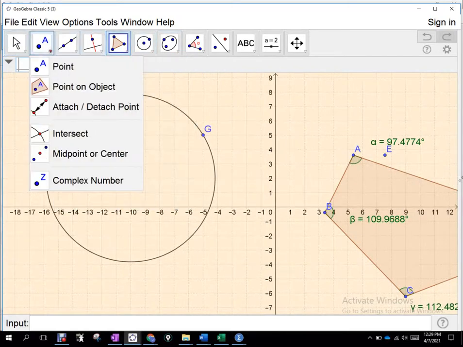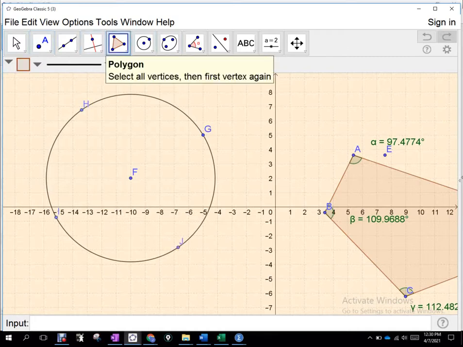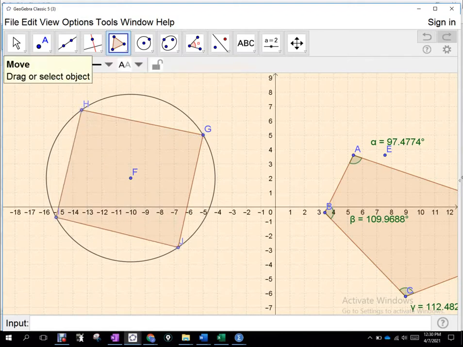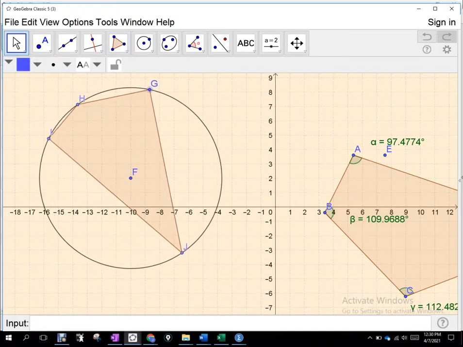When we do this, though, let me create a circle here and put 4 points on this circle. I'll make it kind of drastic so it doesn't look like a square or a rectangle. So that's a quadrilateral, correct?